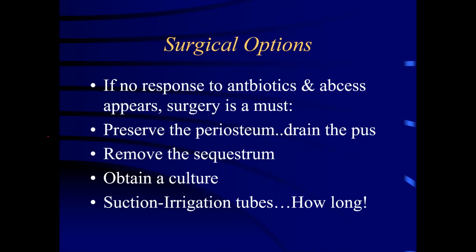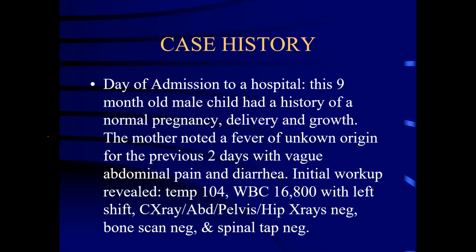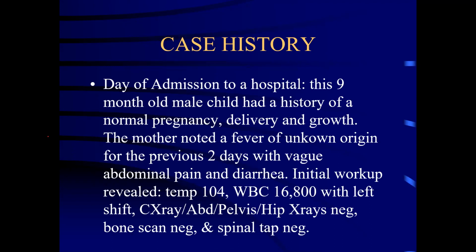So we're going through these because all these have been discussed. I just would like to show you a case. Day of admission to a hospital, this 9-month-old male child had a history of normal pregnancy, delivery, and growth. The mother noted a fever of unknown origin for the previous 2 days with vague abdominal pain and diarrhea.